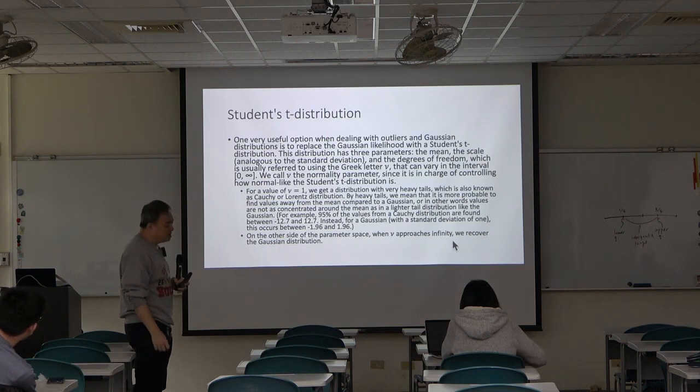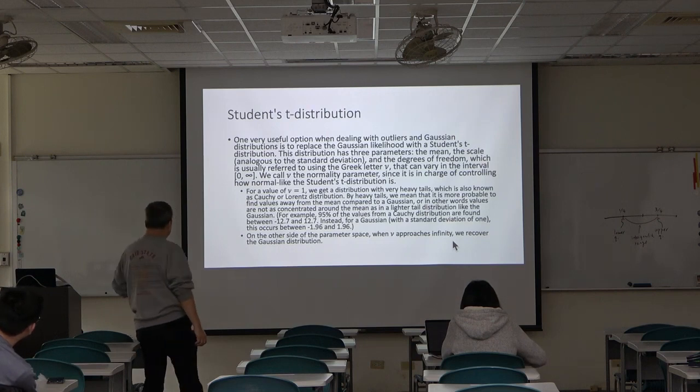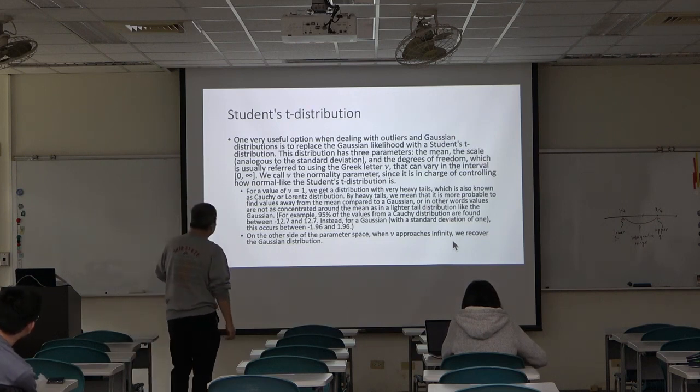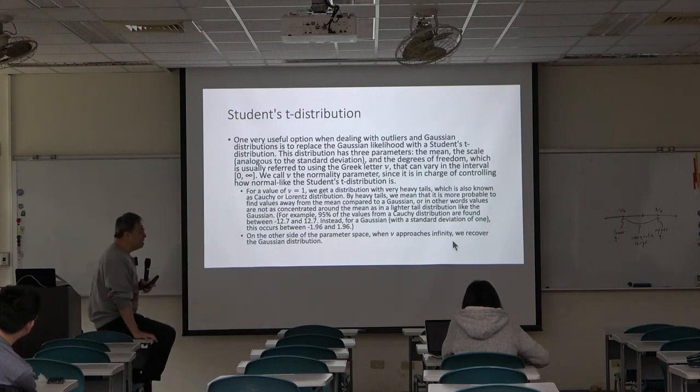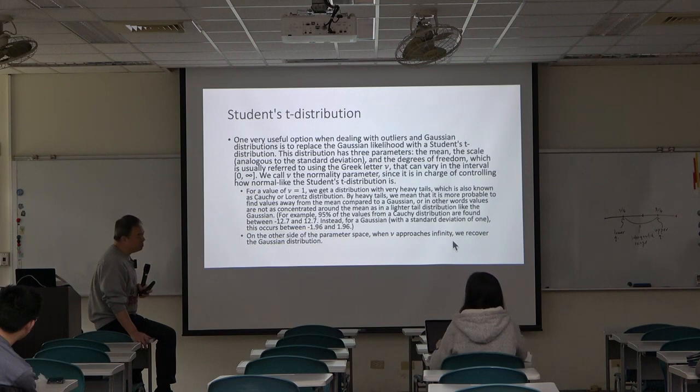So what is the student t distribution? A student t distribution has 3 parameters. Remember in the Gaussian distribution we have 2 parameters, mu and sigma, and everybody knows what mu and sigma are. For the student t distribution, we have 3 parameters. The first one is the mean, which is basically the mu, just like the Gaussian distribution.